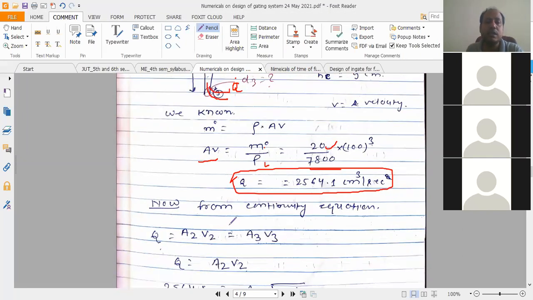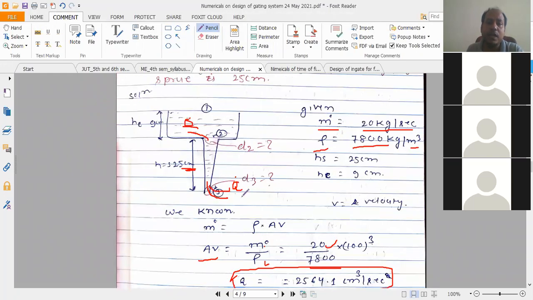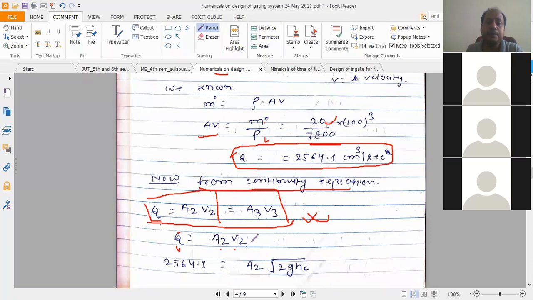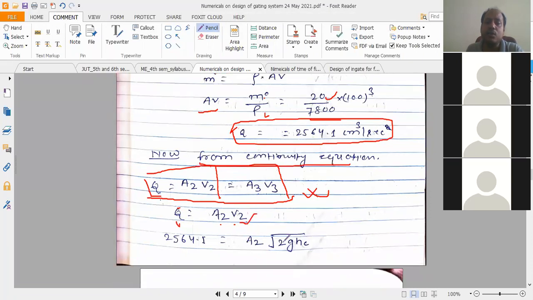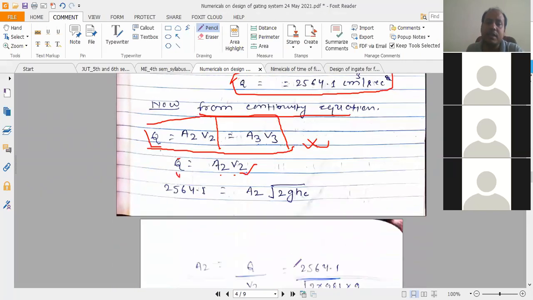From the continuity equation, the q entering here and the q going out here are both equal. So q dot is equal to a2 v2. First we apply it at point 2. The velocity we can find from the square root of 2gHc, because the head here will be Hc, meaning the height of the pouring basin, which is given as 9 centimeter, and a2 is the area which I don't know.